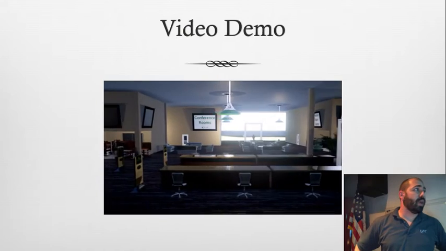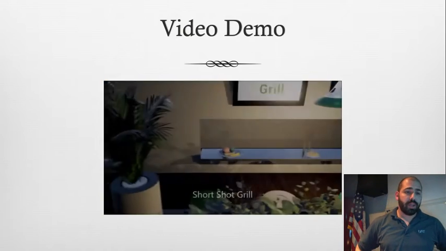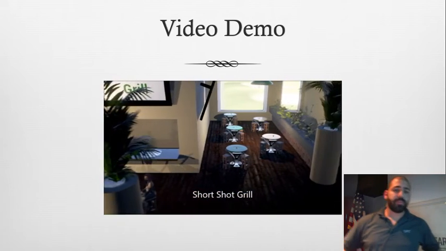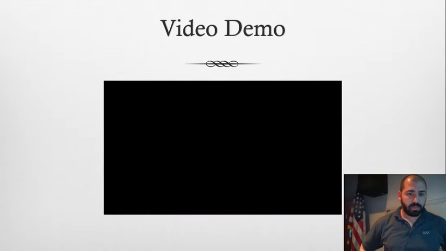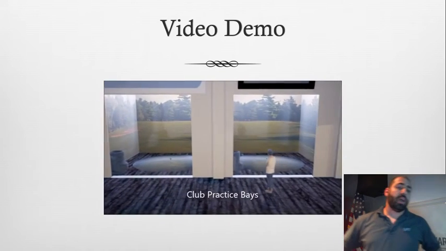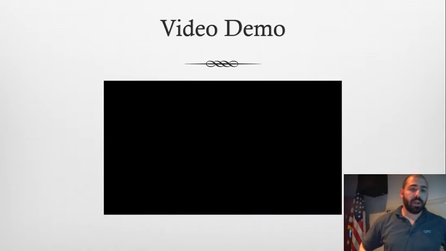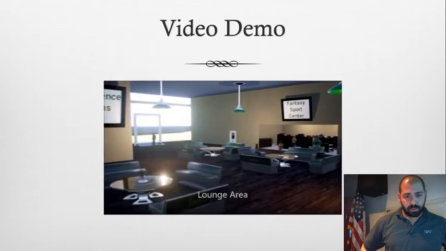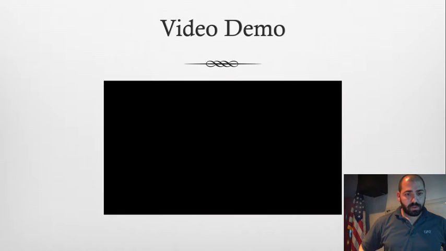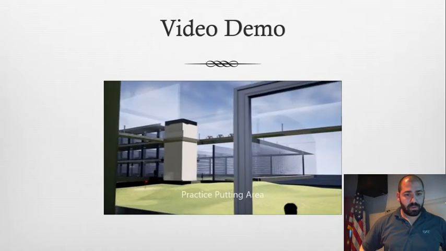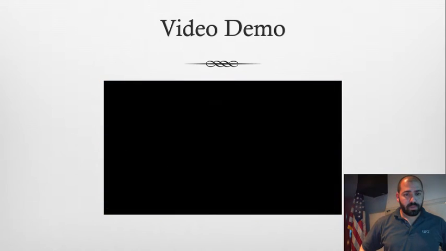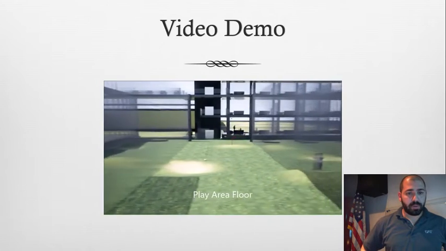So what you're seeing right now is the customer service area. Right within it is the short shot grill. The club practice bays. All this was done textured. And we're starting to go in our play area.